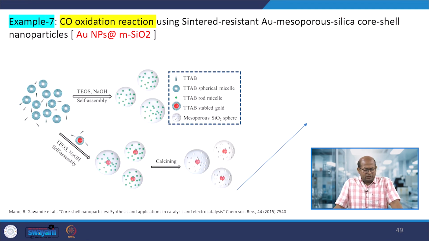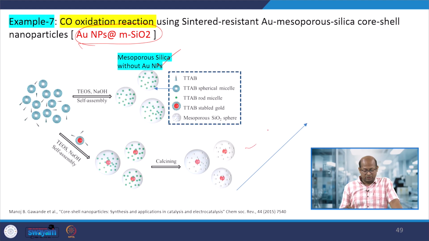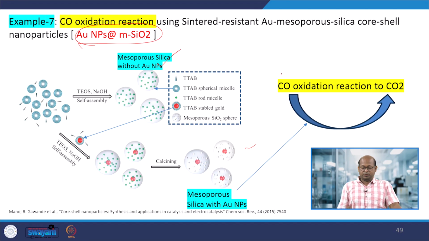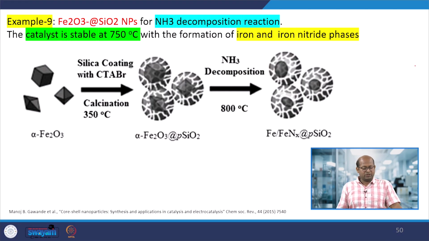And here are gold nanoparticles in silica, which is also prepared by a core-shell method. Here this is without gold and this is with gold nanoparticles. Both can be used for this particular reaction, and this catalyst is also very effective.